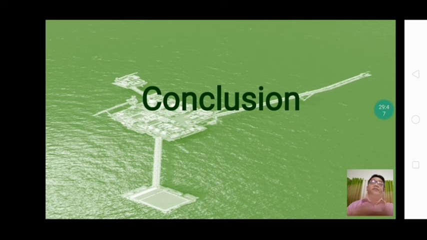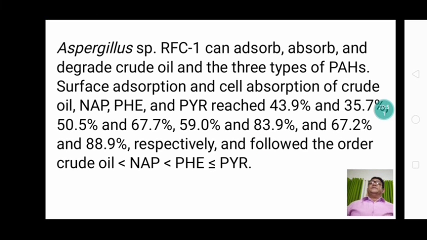And for the conclusions, Aspergillus species RFC-1 can absorb and degrade crude oil and the 3 types of polycyclic aromatic hydrocarbons.